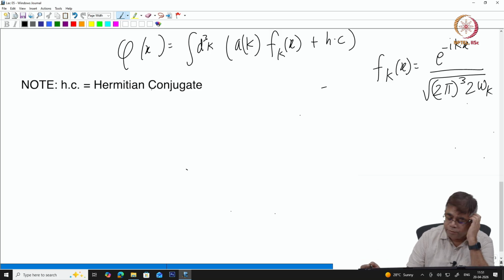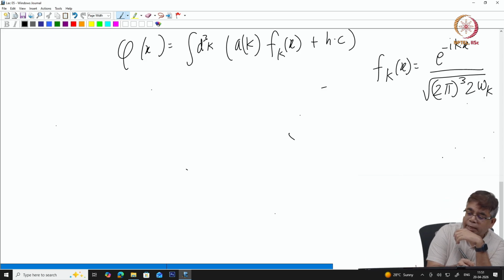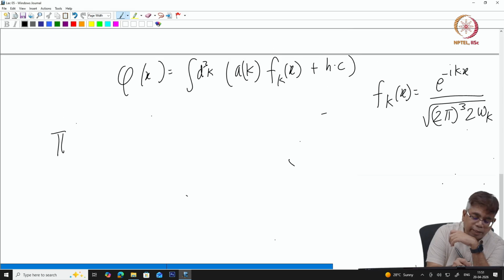So this is exactly the same notation as what we used, and then a dagger will appear in the HC part, essentially a is the annihilation operator and a dagger is the creation operator.